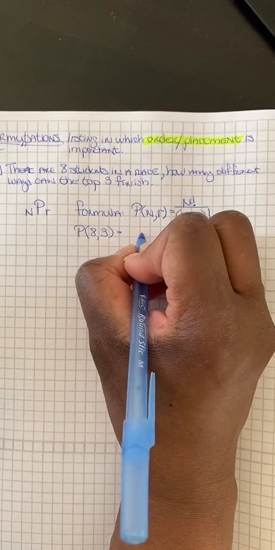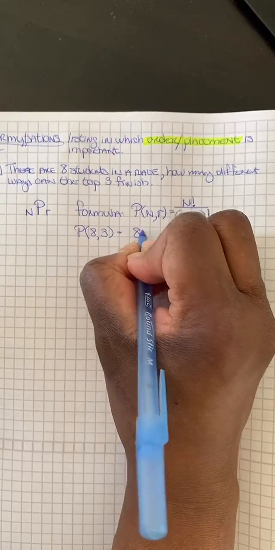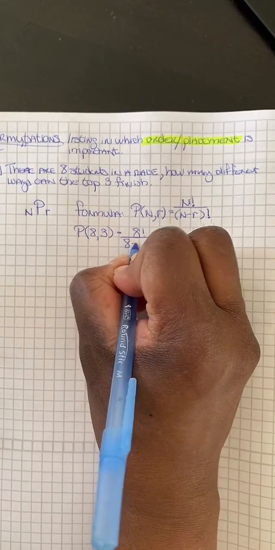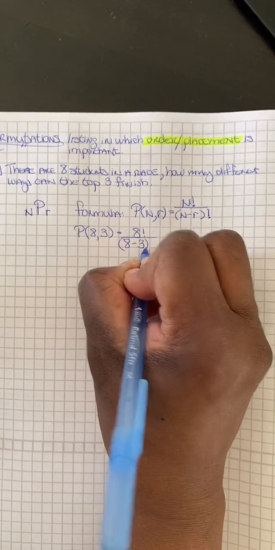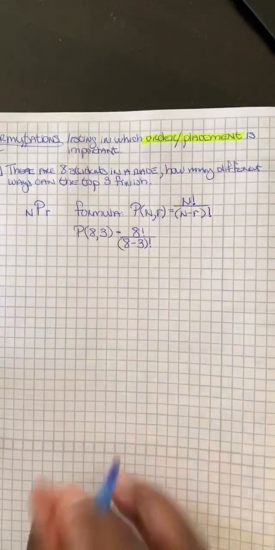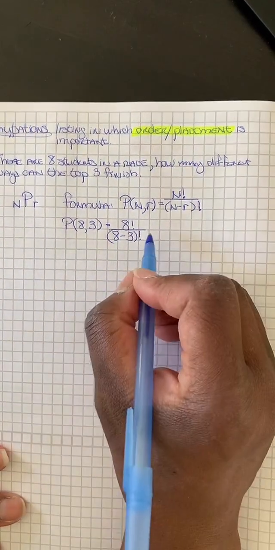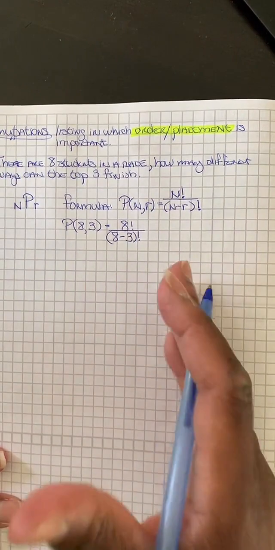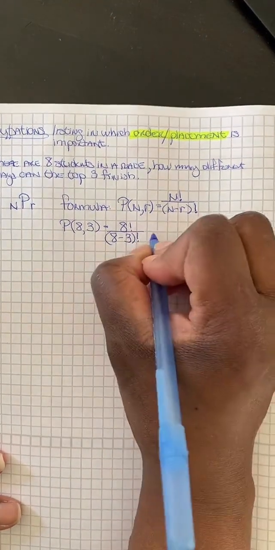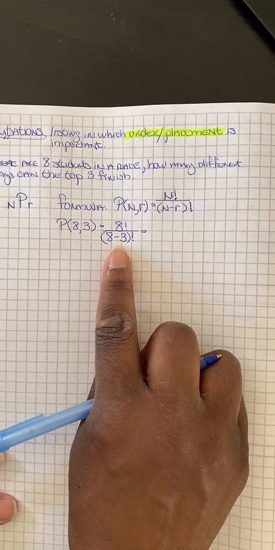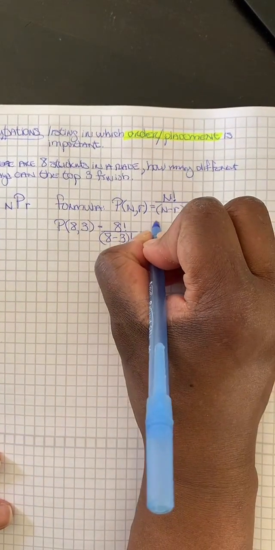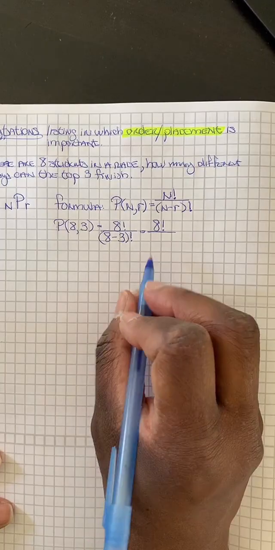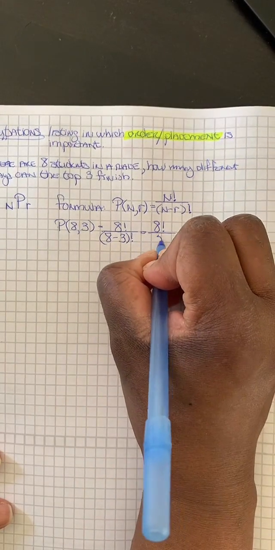So we're looking at our n, which is 8 factorial, over our 8 minus 3 factorial. 8 factorial is the same as saying 8 times 7 times 6 times 5 times 4 times 3 times 2 times 1. But just like order of operations, we want to do what's inside the parentheses first, because then we can possibly cancel some things. 8 minus 3 gives me 5.